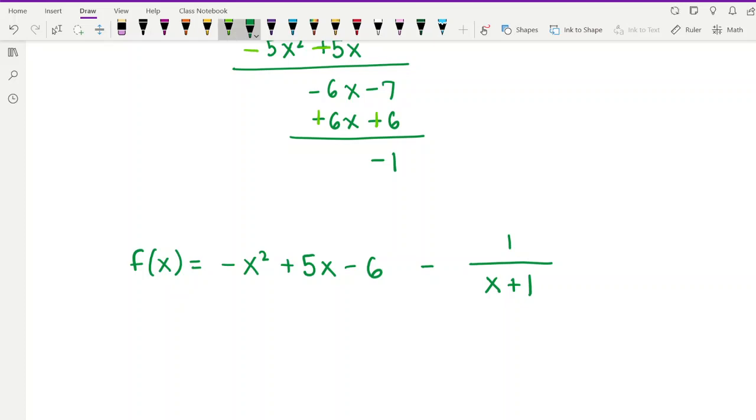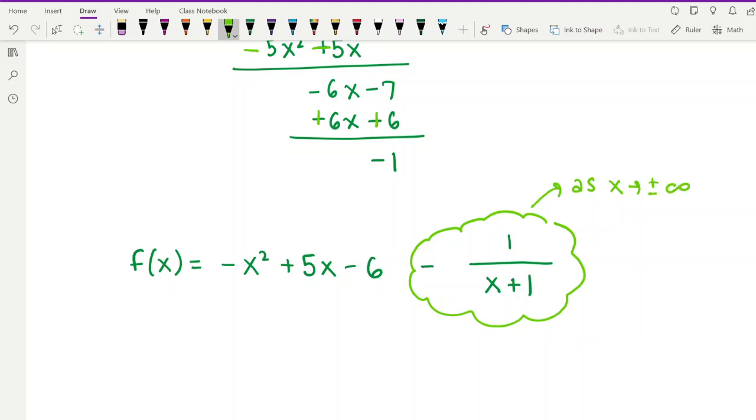So the same thing happens as before. If you think about what happens as x gets larger and larger, or smaller and smaller, as x approaches either positive or negative infinity, what's going to happen to this expression, negative 1 over x plus 1? That's going to get closer and closer to 0. If you plug in 100, you'd have negative 1 over 101, which is a very, very tiny fraction, very close to 0.